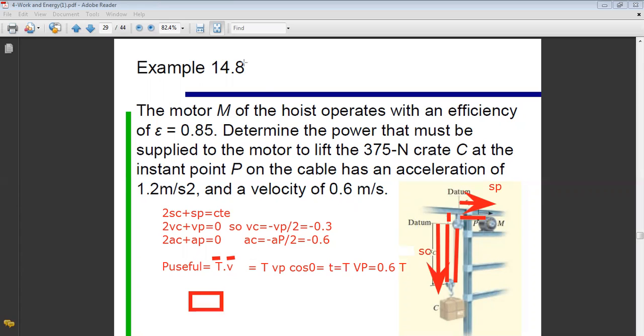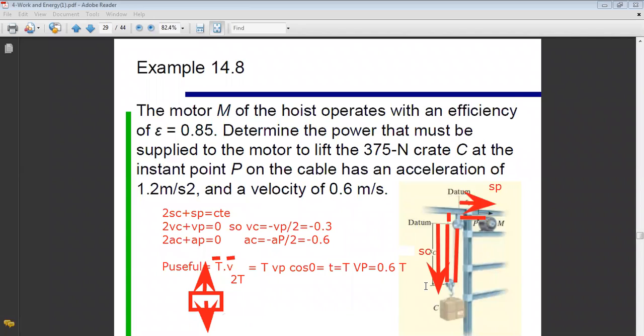For block C, we have the weight, okay. And what is the other force acting on it? We have two tensions. We have 2T, okay? Why do we have 2T? Because if we take this pulley, the force up is equal to 2T. So we have 2T here, and we have here W of C. Okay, why do we have this?